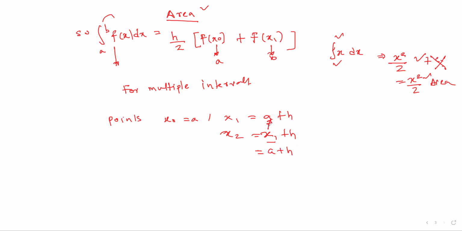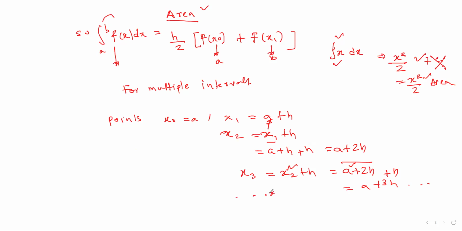X1 is a plus h, so this is a plus 2h, correct? Similarly, your x3 is equal to x2 plus h, which is a plus 2h plus h, so a plus 3h. And so on and so forth, up to xn, and xn value would be equal to b.